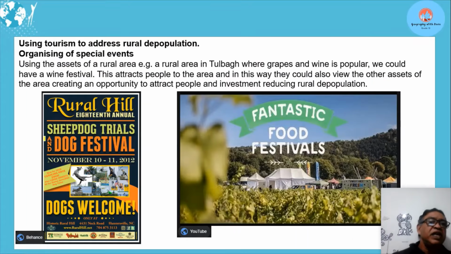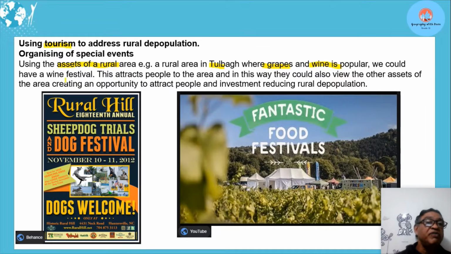All right, next one, let's use the assets of the rural area, like tourism, especially things like ecotourism, using the environment. Example, Talbach, where grapes grow, and wine is popular.